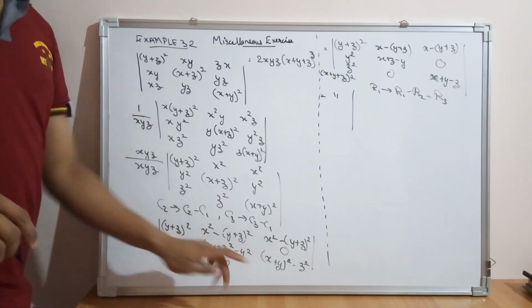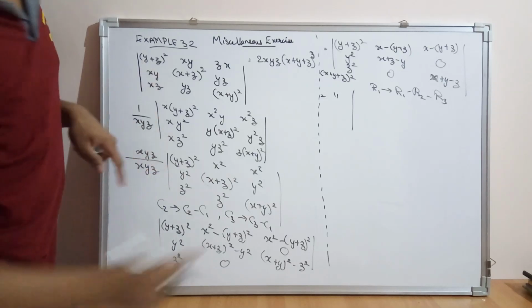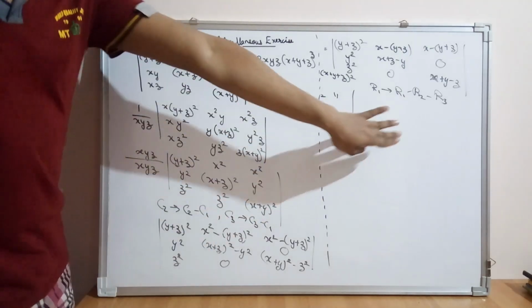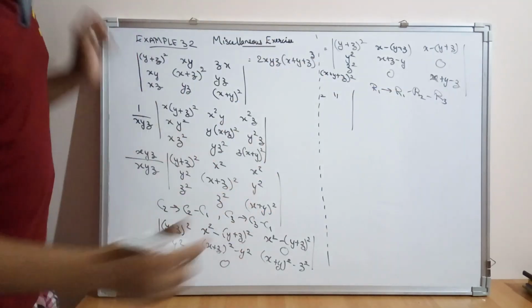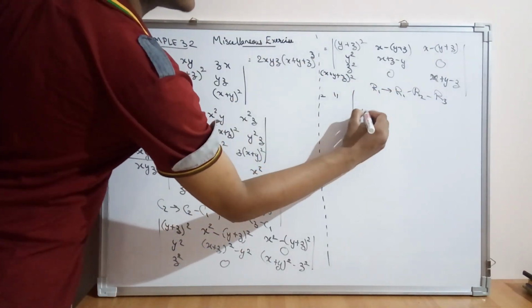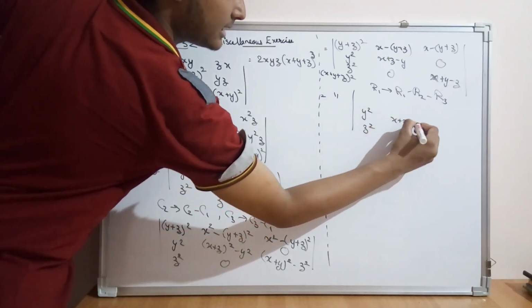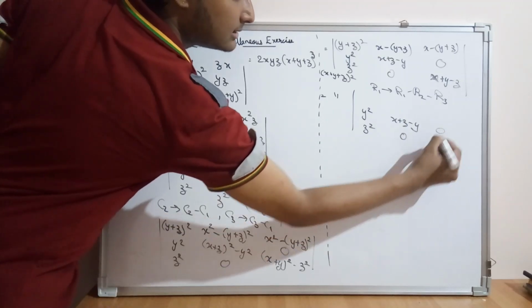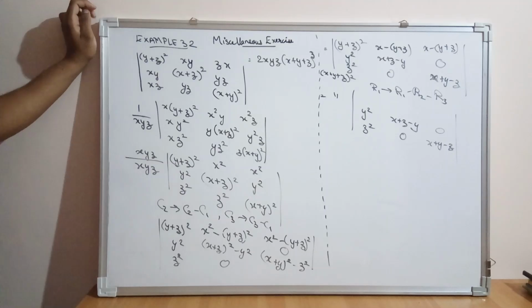But seeing the second and third column, I felt that it had to be something like this. So the same step I am going to repeat here, that is R1 minus R2 minus R3. So the second and the third row is going to be as it is, x plus z minus y, 0, 0, x plus y minus z.